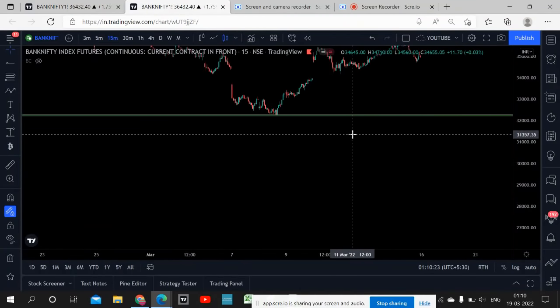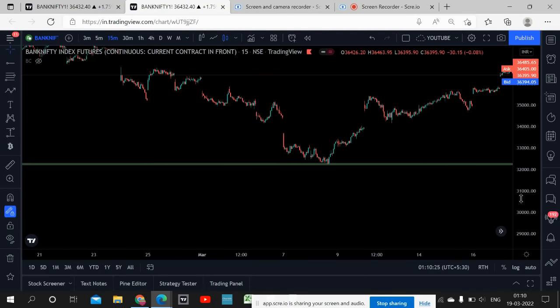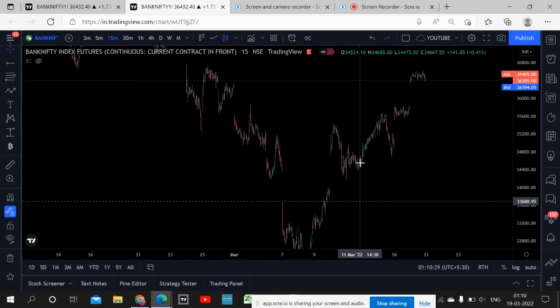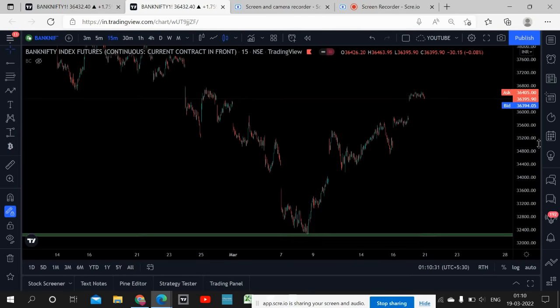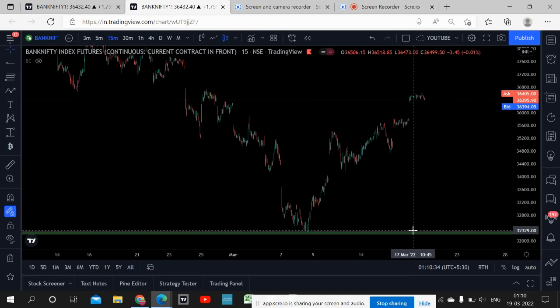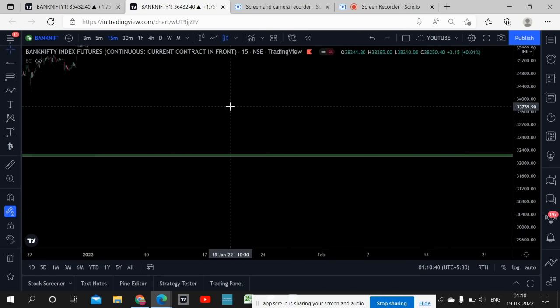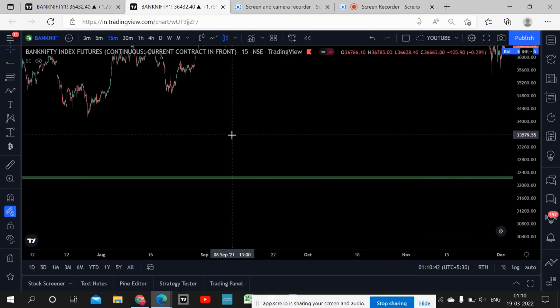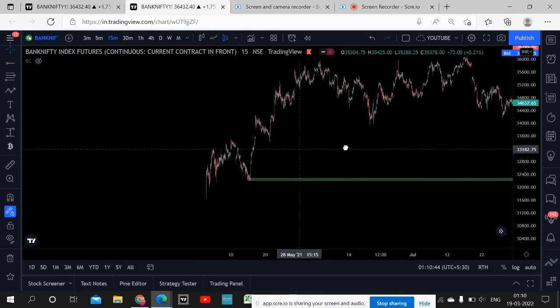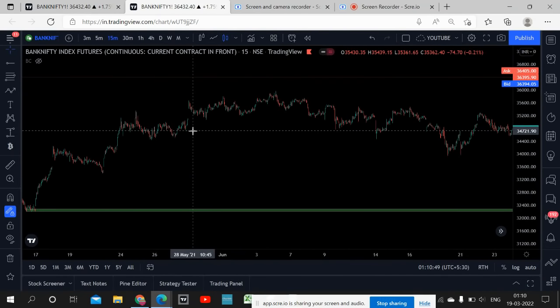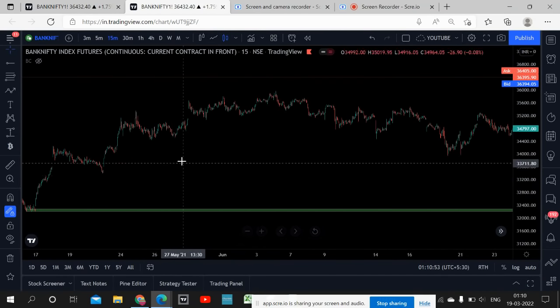Okay, see the power of the level which we have marked. It came exactly over here, and it bounced back for a move of around 32,000 to 36. It has just flown away. Excuse me. Meanwhile, we'll look for more examples.